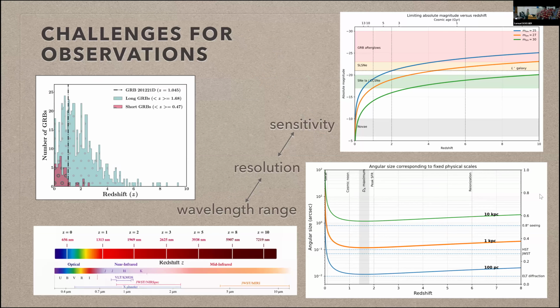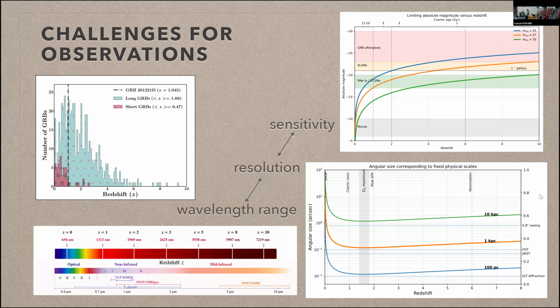Okay, so our big challenge when we observe host galaxies, and any kind of transients, but especially host galaxies, is that GRBs span everything up to redshifts of almost 10. With supernovae it's a bit less bad, but they have supernovae at redshift almost 4.